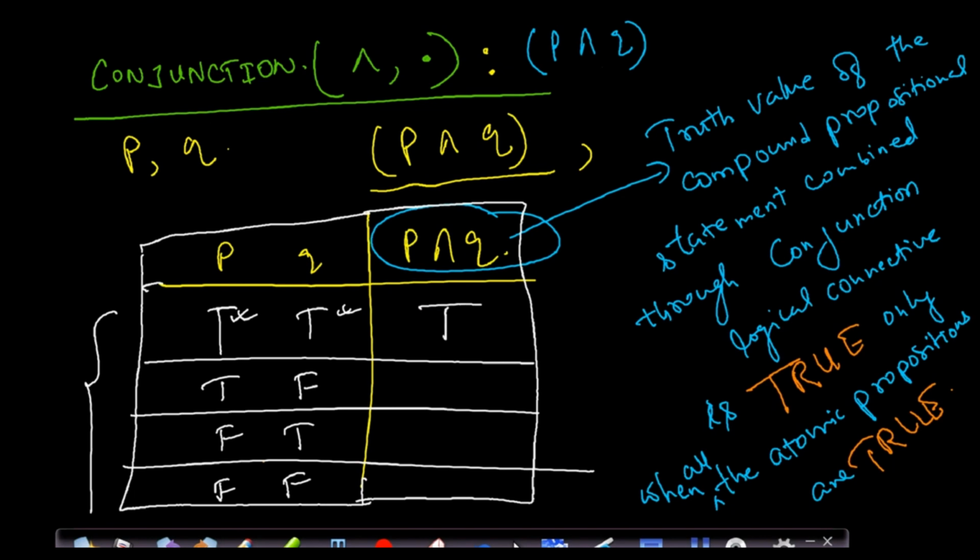If any one of them is false, or if both of them are false, then it is false. So this is how you get the truth table of conjunction.